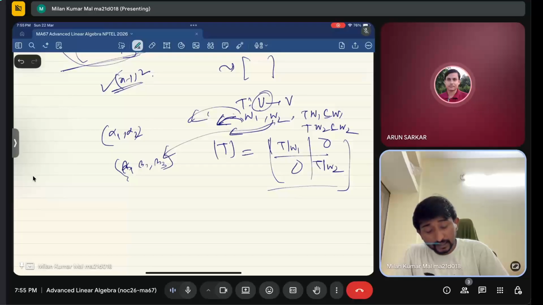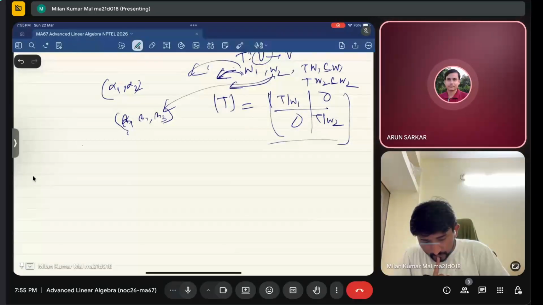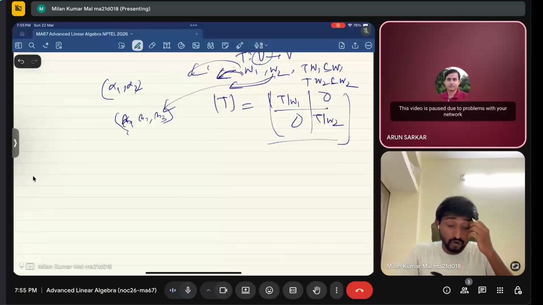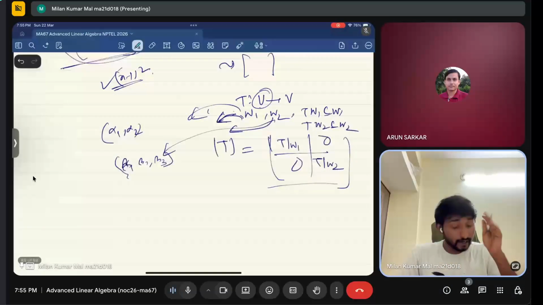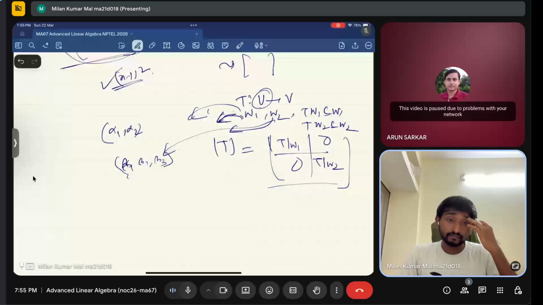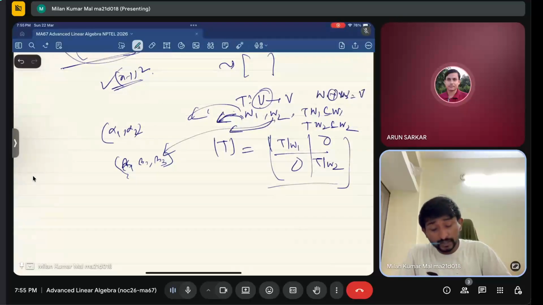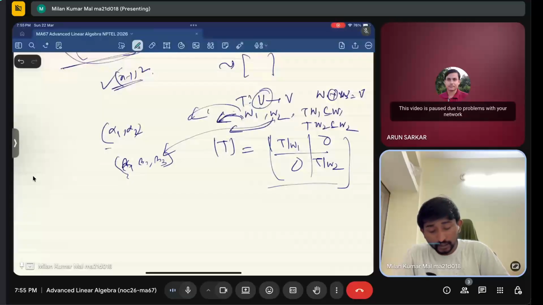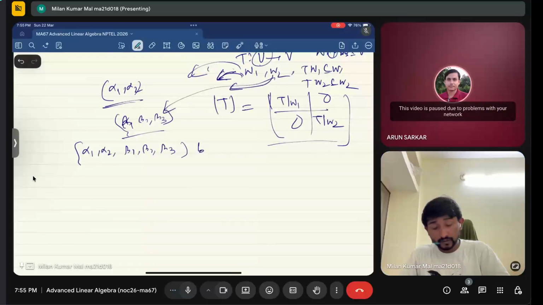W1 direct sum W2 equals V, because this is our target. So the total basis of V is alpha 1, alpha 2, beta 1, beta 2, beta 3.